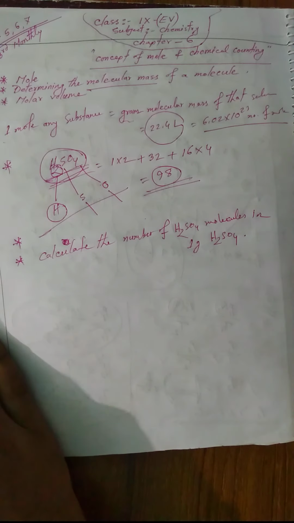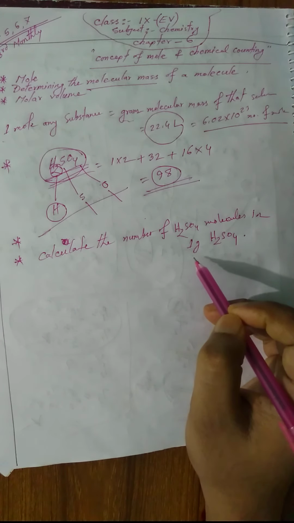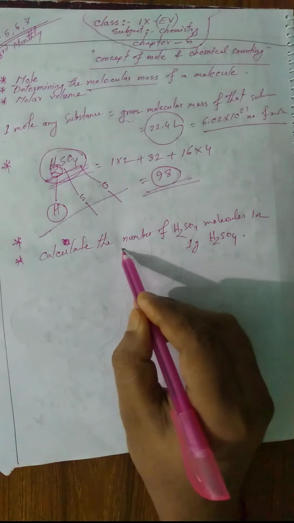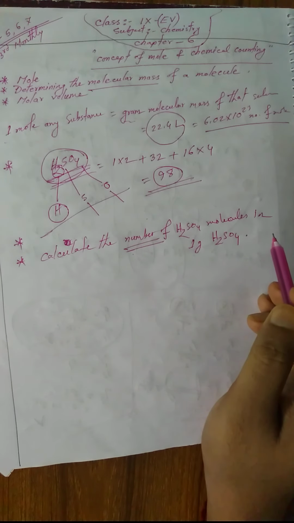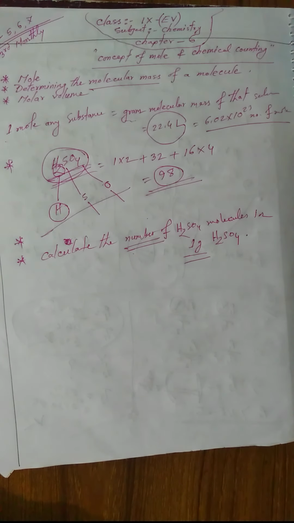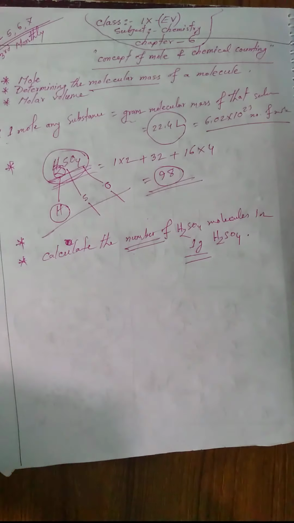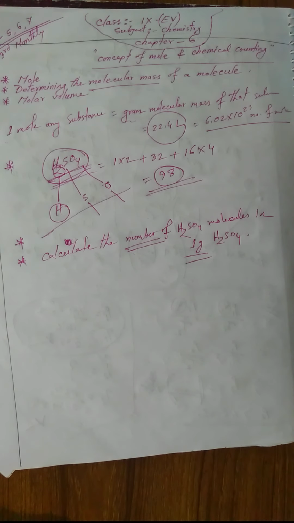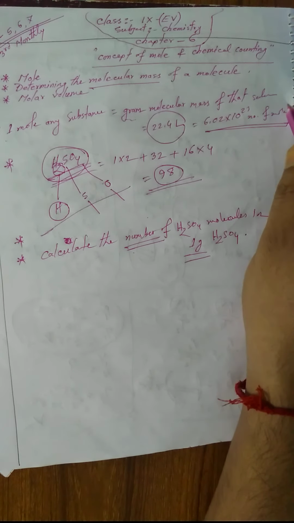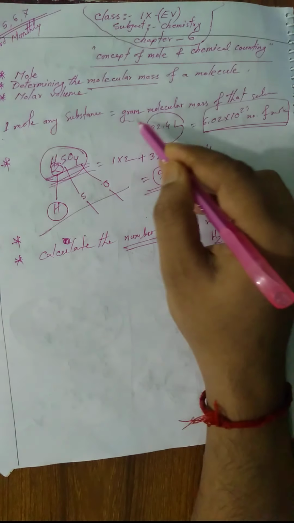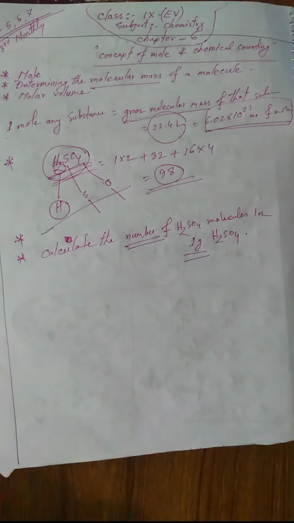So here is a relation: calculate the number with respect to amount, that means gram. So what is the relation? The equation: 1 mole of any substance is equal to gram molecular mass of that substance, is equal to 22.4 liter, is equal to Avogadro number of molecules. So the relation of number, Avogadro number and gram molecular mass.